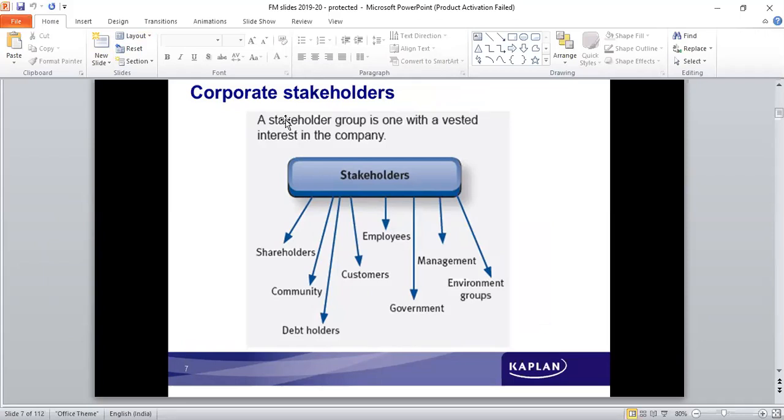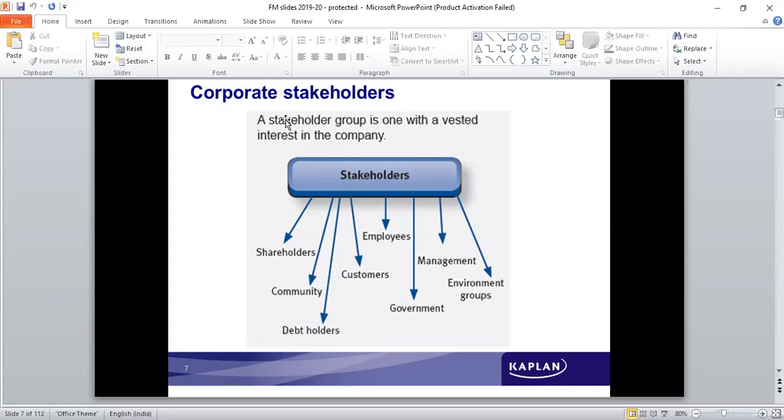The other stakeholders we see are the customers, the suppliers, the employees, the management who runs the business. The other stakeholders are the society, the community, the government, environmental groups, trade associations, unions. General public also has some interest invested in the company. They want to understand how they are performing, what is their role.